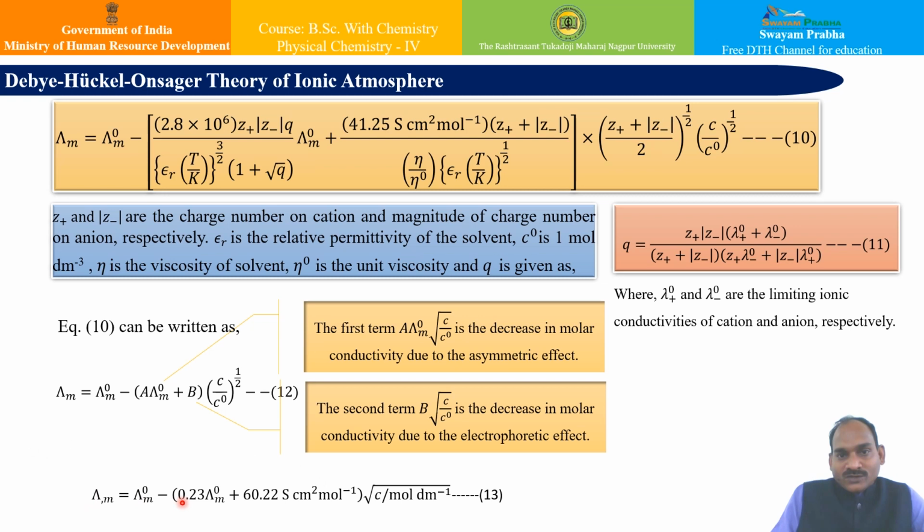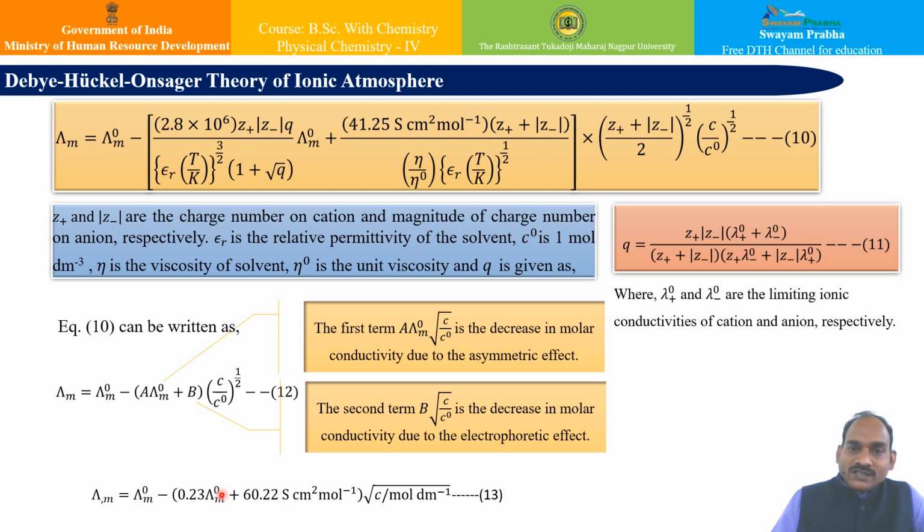Comparison of experimental data with the values predicted by the Onsager equation reveals that they are in agreement. The agreement is usually excellent in very dilute solutions, and by dilute I mean up to say 0.02 molar.